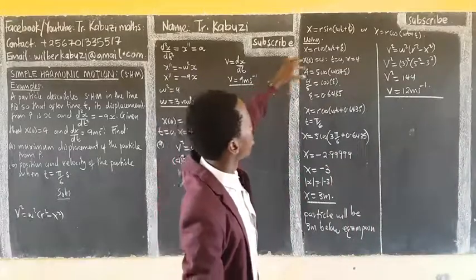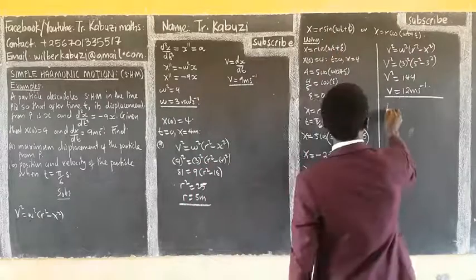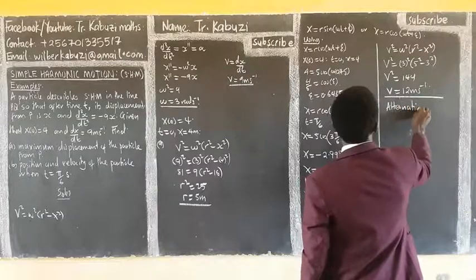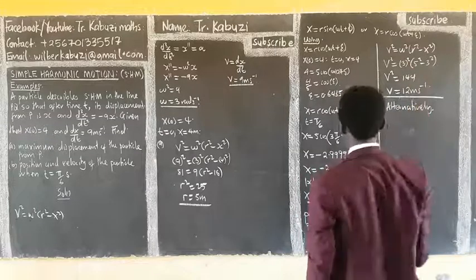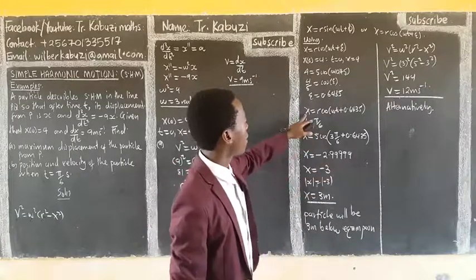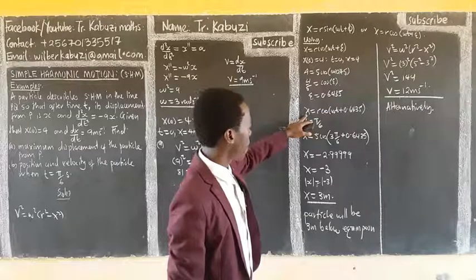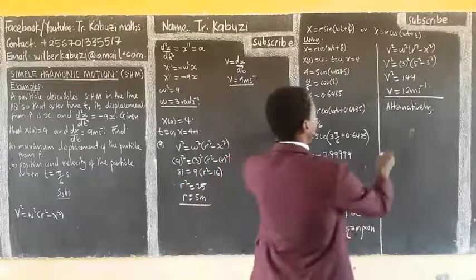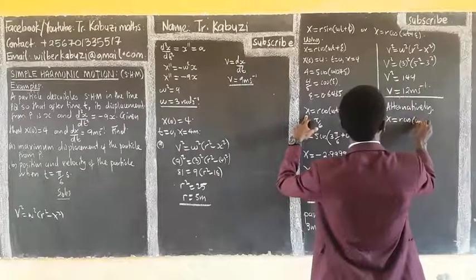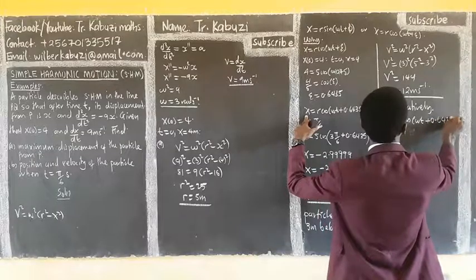This one also gives you the same answer. Alternatively, if you don't want to use this formula, you can come back here, where our x is r cos(ωt + 0.6435).